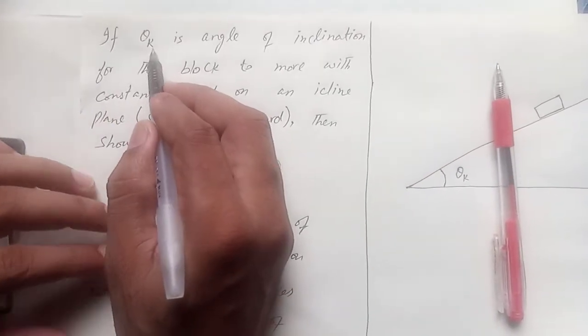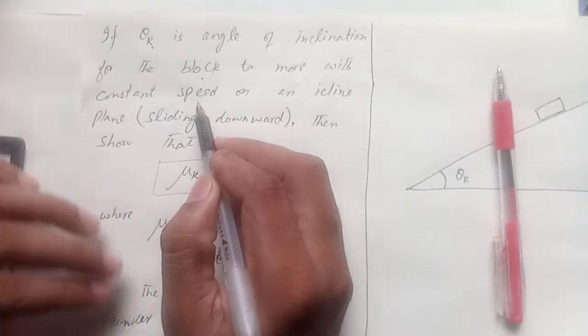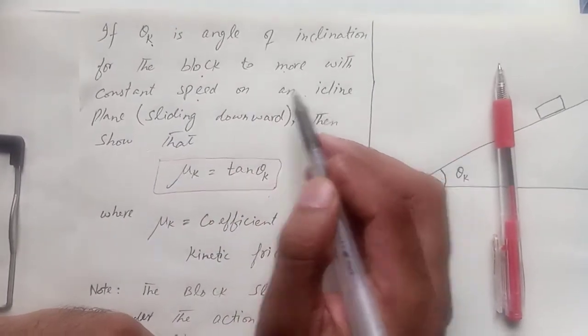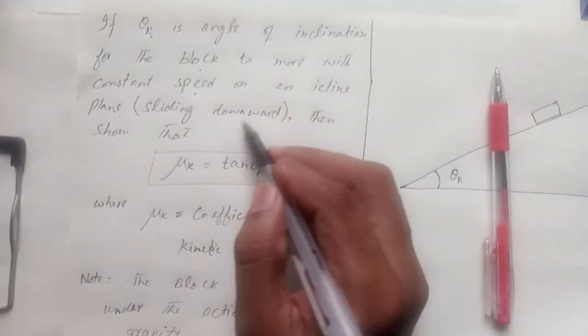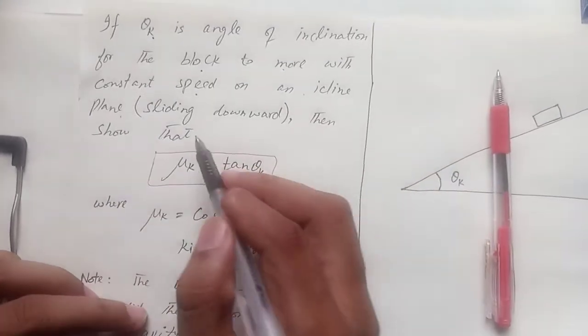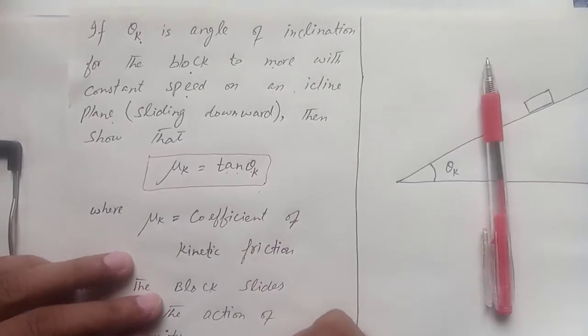If theta k is the angle of inclination for the block to move with constant speed on an inclined plane sliding downward, then show that mu k is equal to tan theta k.